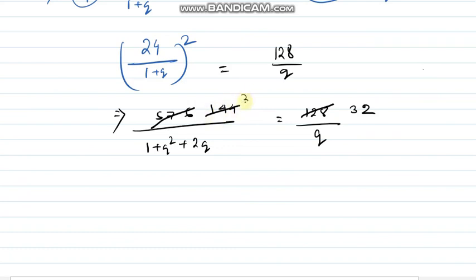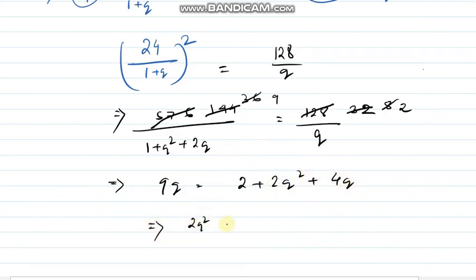Further with 4, it will be 8, and again with 4, it will be 9 and 2, right? So 9q equals 2 plus 2q square plus 4q.